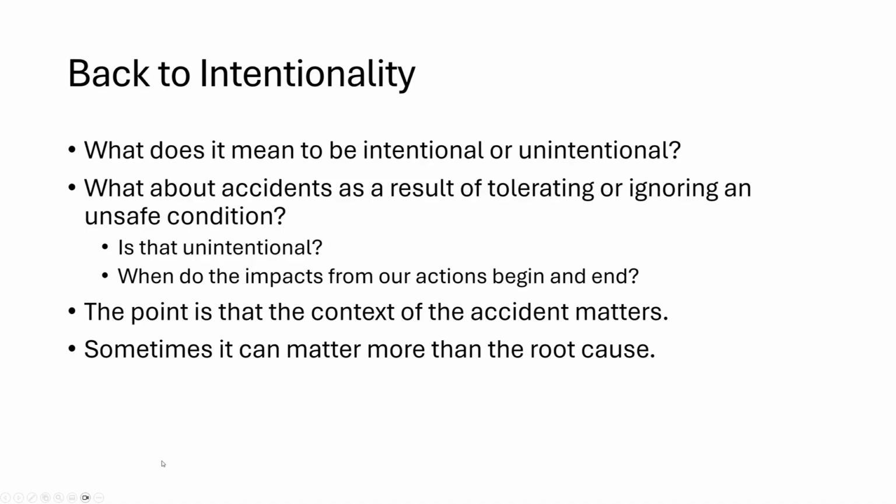Back to intentionality. This is especially important when we consider the human performance aspect, right? Like we talked about last week, the performance of our memory and the way our memory functions, especially with things that we didn't see or aspects that we may not recall, how it fills in those gaps.